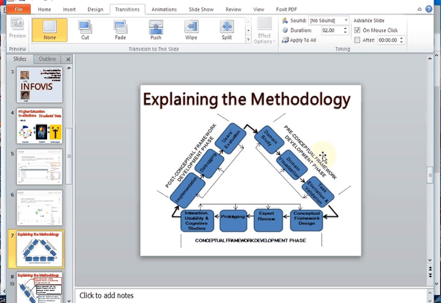The framework development phase shows that what we want to design in our decision support system, be it information visualization or the traditional decision support system, be it business intelligence and the like, we need its concept, the concept that addresses the domain problem. This must be satisfied. We need to complete this phase.